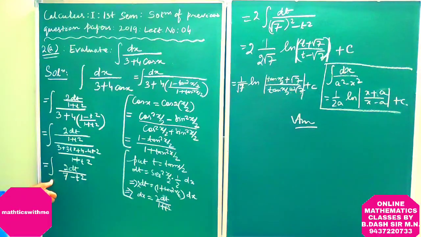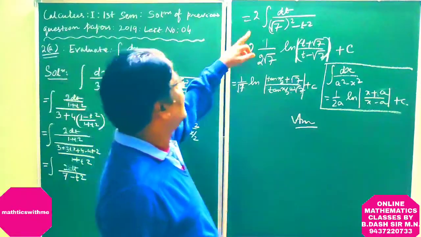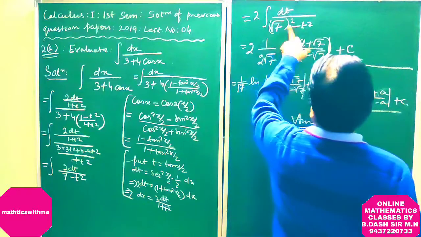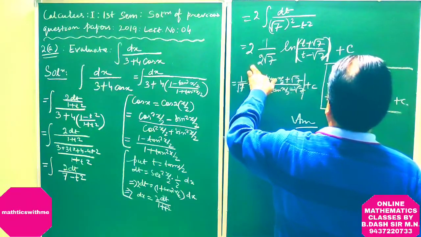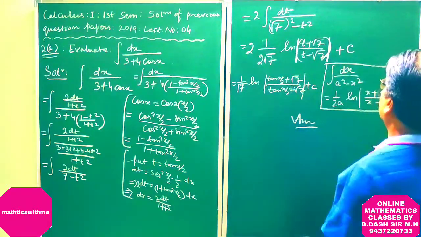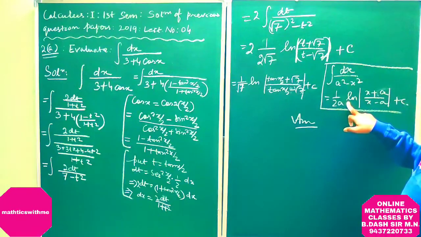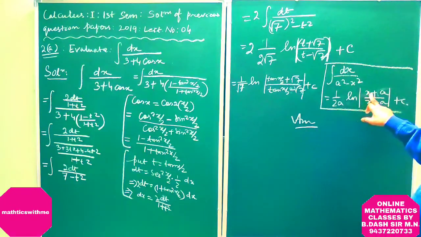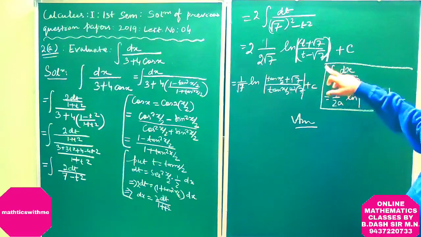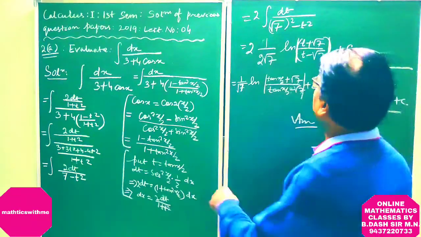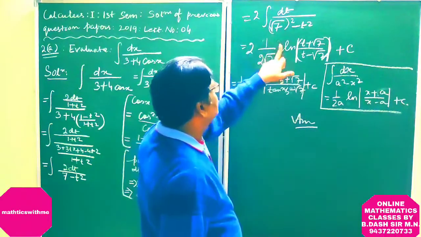Putting this value, after simplification we get integration 2 dt by 7 minus t square. This can be written as root 7 square minus t square, and we know the integration of dx by a square minus x square is equal to 1 by 2a ln of x plus a by x minus a plus c. So therefore here in place of a we are having root 7.